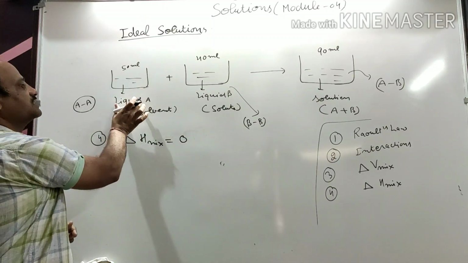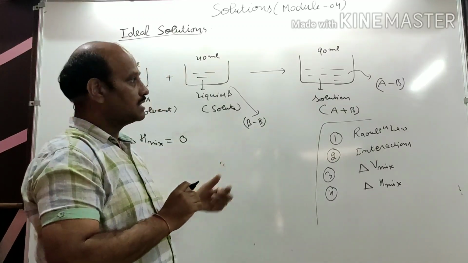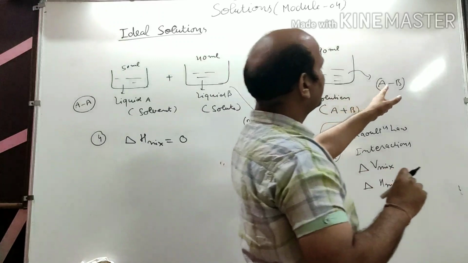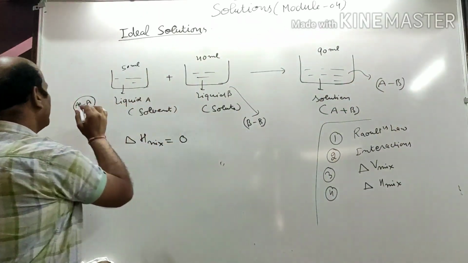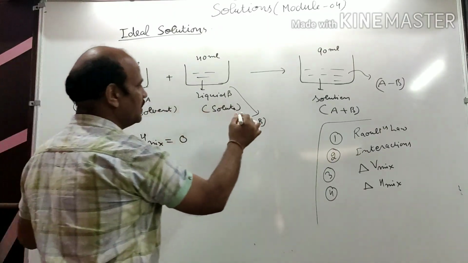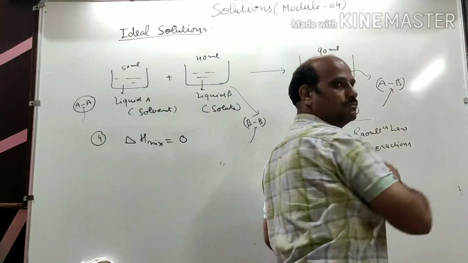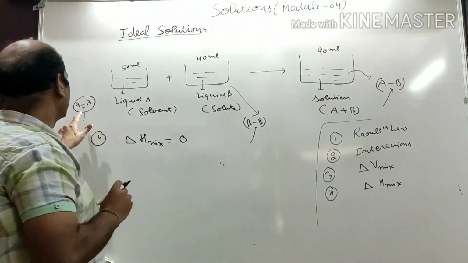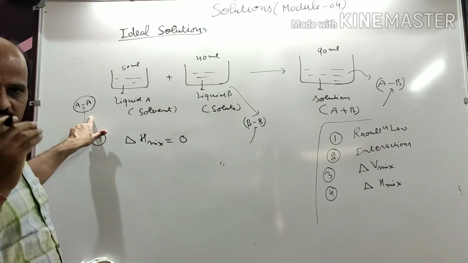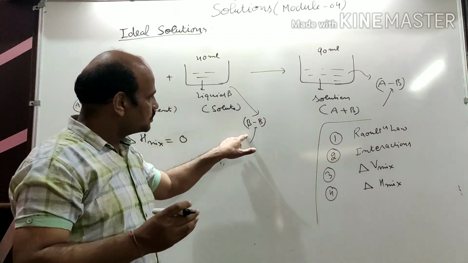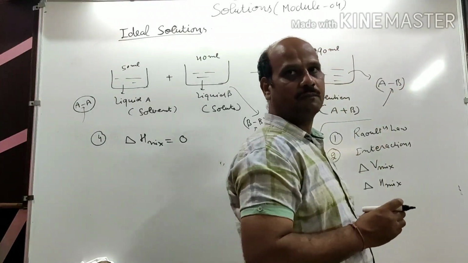There is an interaction between AA, an interaction between BB, and a new interaction between A and B. Here we have to break these interactions, and the new interaction we have to form. When bonds are broken, heat is absorbed, and when bonds are formed, heat is released.